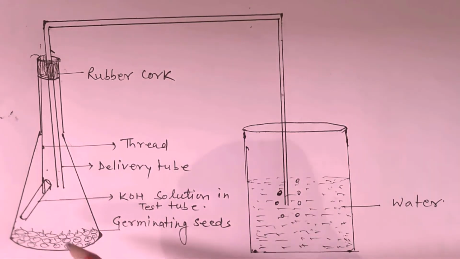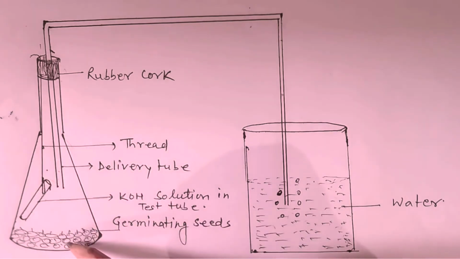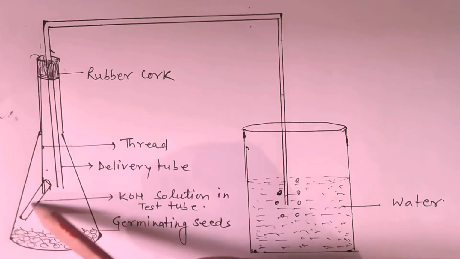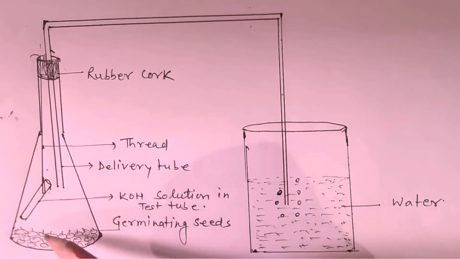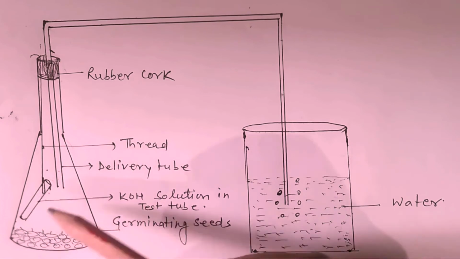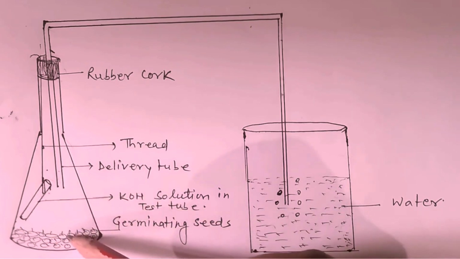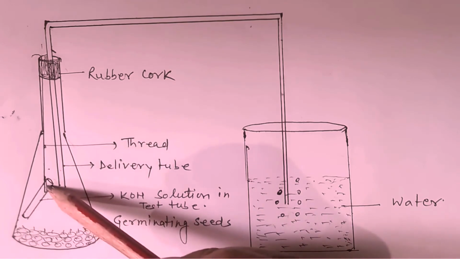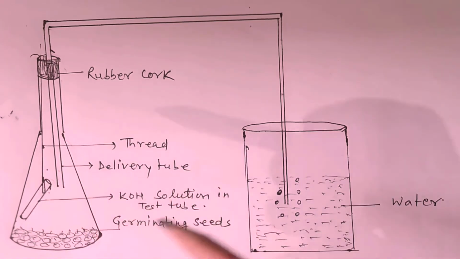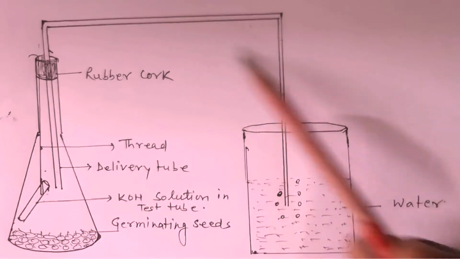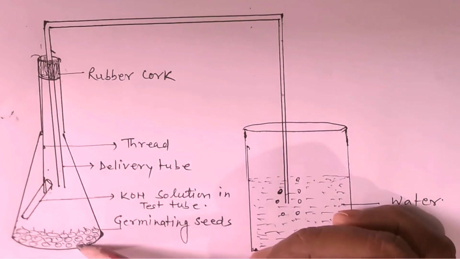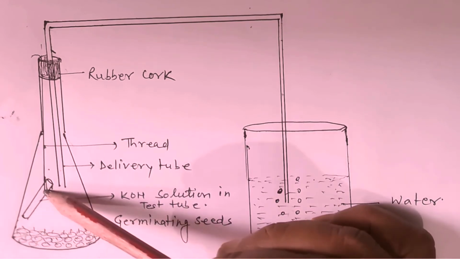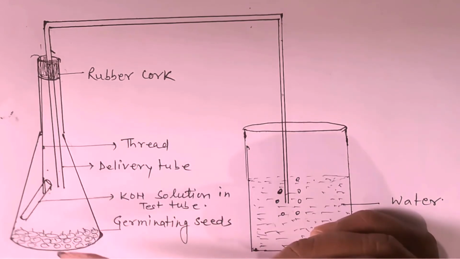Students, in order to absorb carbon dioxide gas, we had put the potassium hydroxide solution in the test tube. So whatever CO2 gas is released is absorbed by this potassium hydroxide solution. So in this way, the oxygen is used up by the germinated seeds, and the CO2 which is released is absorbed by the potassium hydroxide solution.